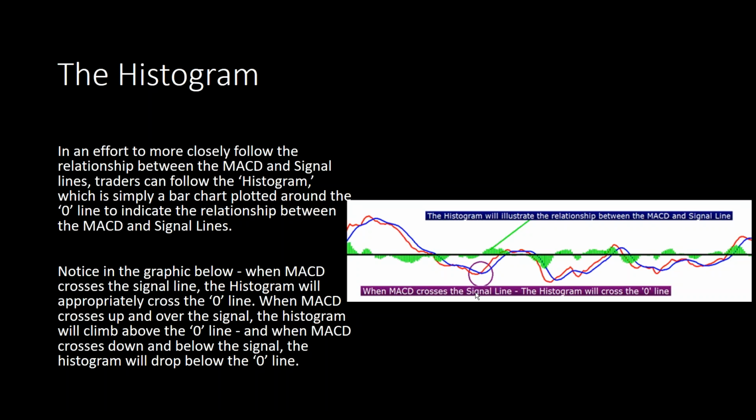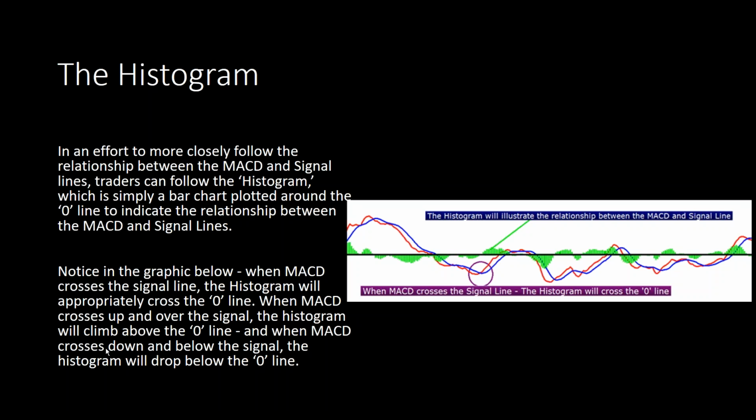When MACD crosses the signal line, the histogram will cross the zero line. When it goes the opposite way, it'll fall below the zero line. So notice in the graphic, when MACD crosses the signal line, the histogram will appropriately cross the zero line. When MACD crosses up and over the signal line, the histogram will climb above zero.